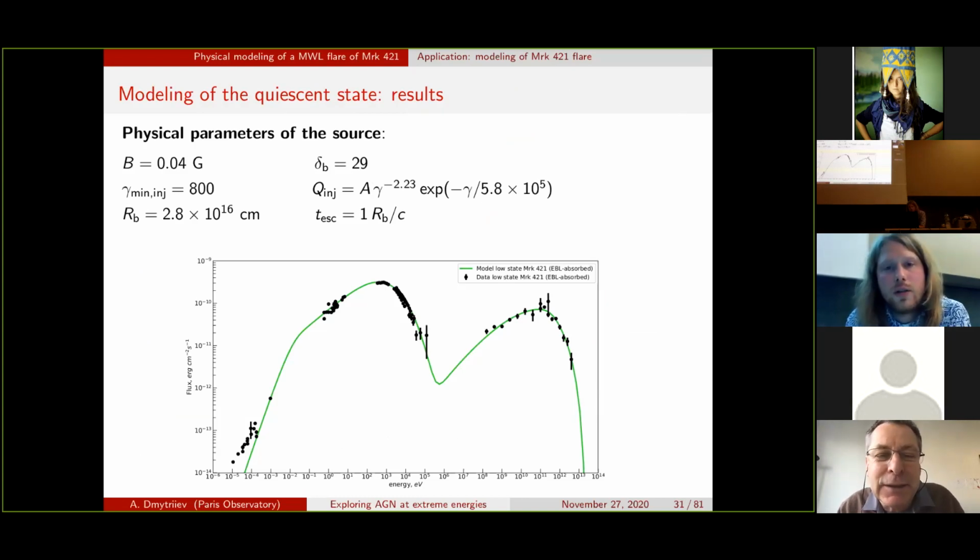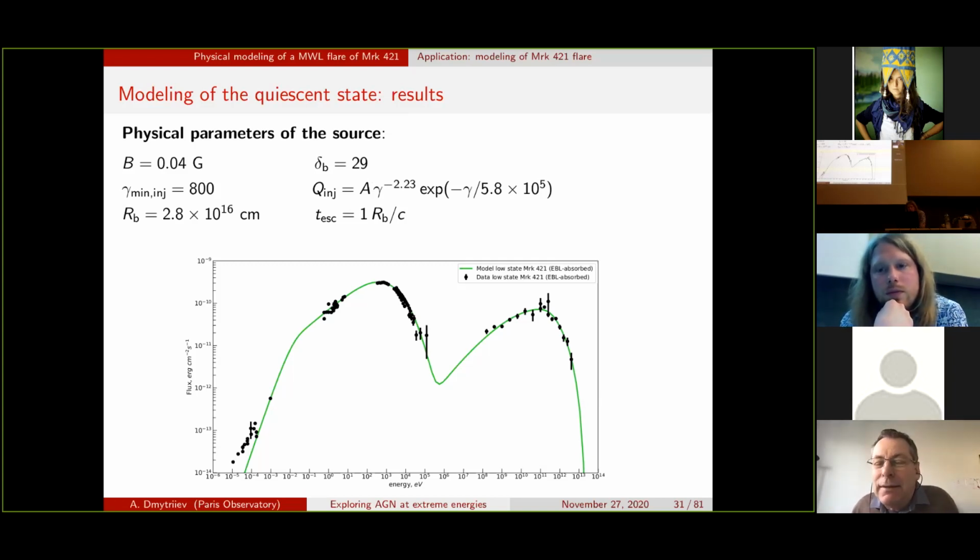So in my case, for the quiescent emission, the Doppler factor of the blob is around 30, and there is a lower limit, which comes from the requirement of escape of gamma rays due to gamma-gamma pair production. Yes, my question is, does this limit apply to the quiescent state too?